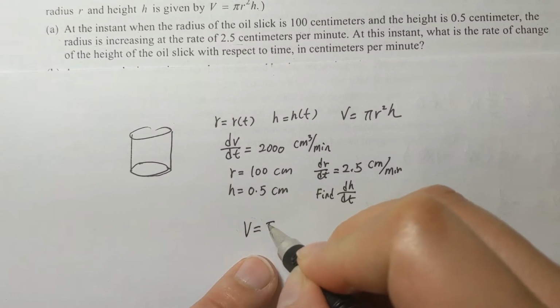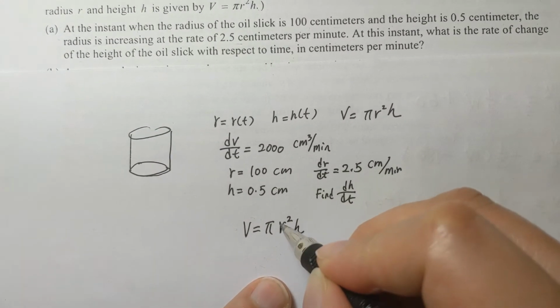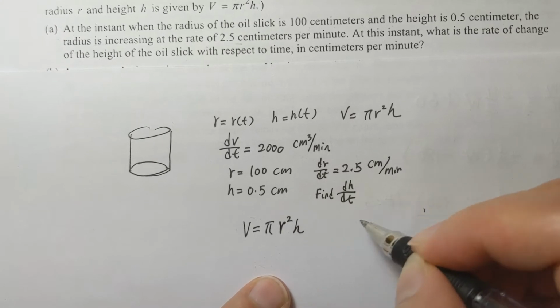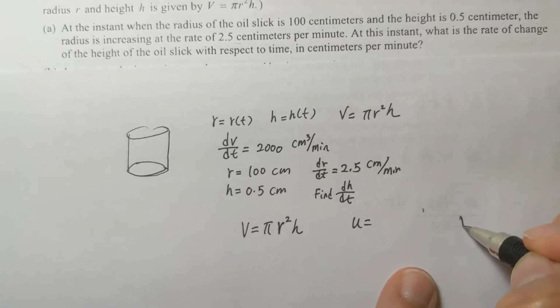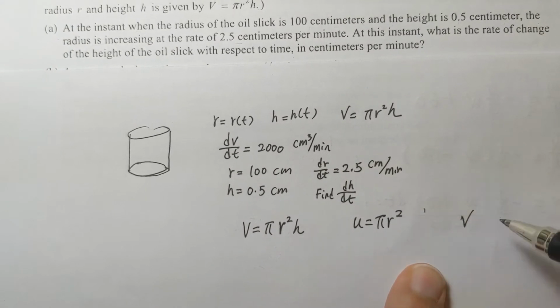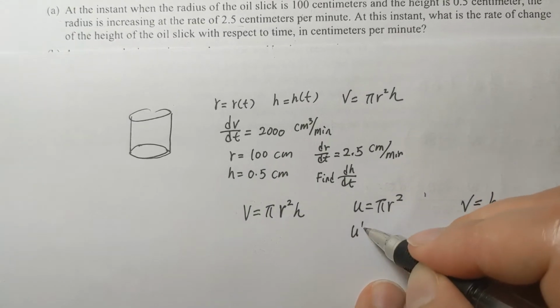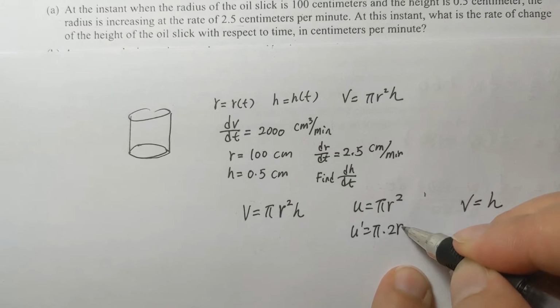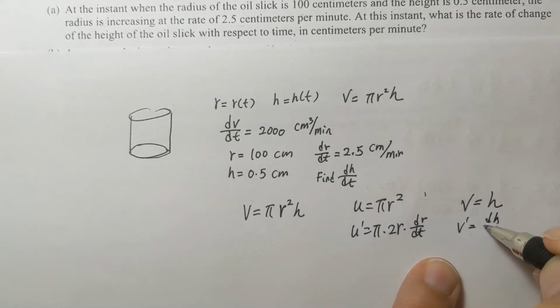V equals pi r squared h. r is a function of time, h is a function of time, so we're going to use the product rule. I'm going to make u equal to pi times r squared and v equal to h. So now we have u prime equal to pi times 2r times dr/dt and v prime equal to dh/dt.